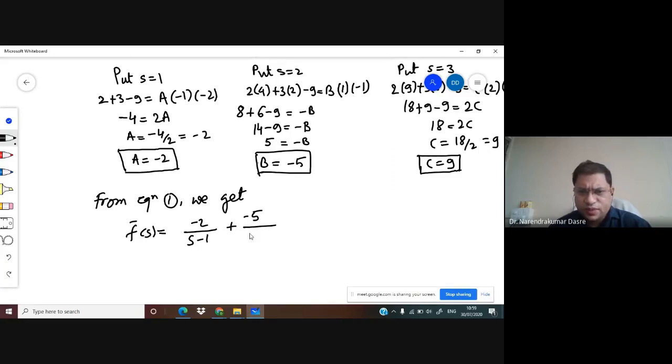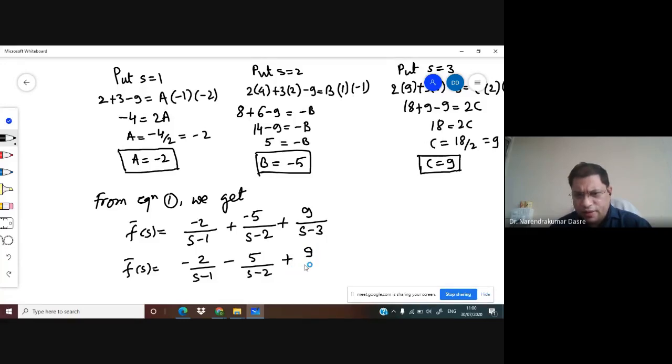Minus 5 upon S minus 2 plus this is 9 upon S minus 3. So this way we got f bar of S is equal to minus 2 upon S minus 1 minus 5 upon S minus 2 plus 9 upon S minus 3.